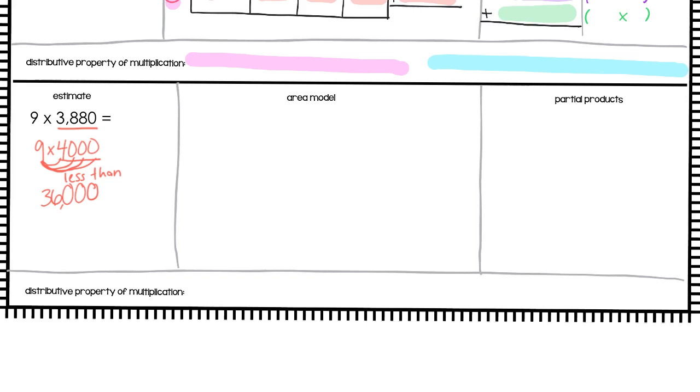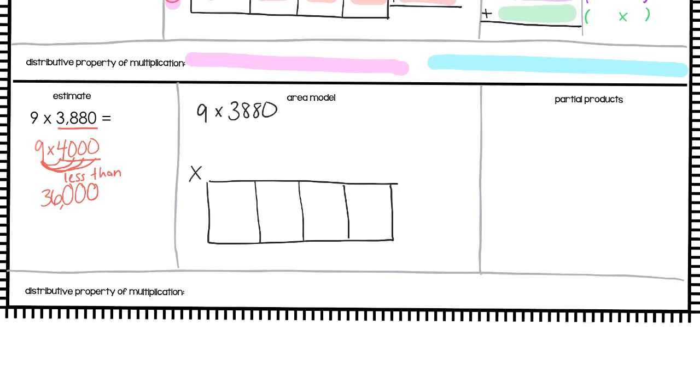Draw your area model. It will have 4 places because we have the ones, tens, hundreds, and thousands. There's a 0 here, so the value of that number is 0. So that you don't forget, I want you to make sure that you're writing your problem in the area model. And then you'll add up your parts over here.